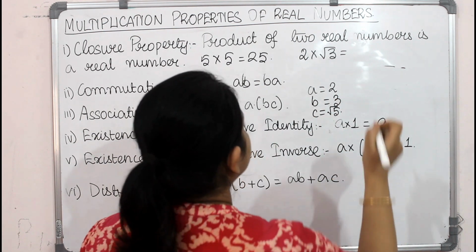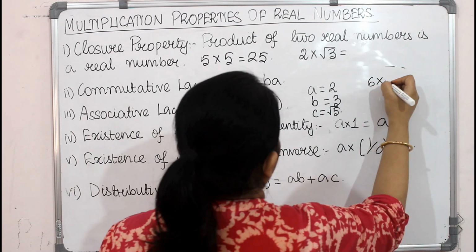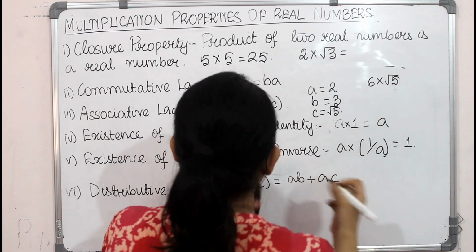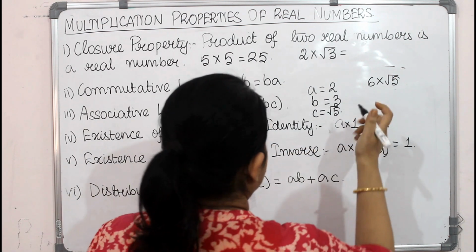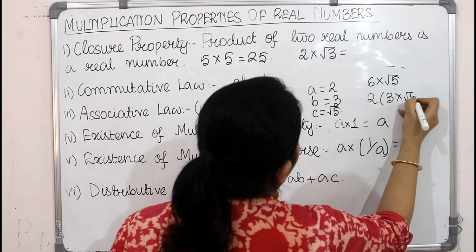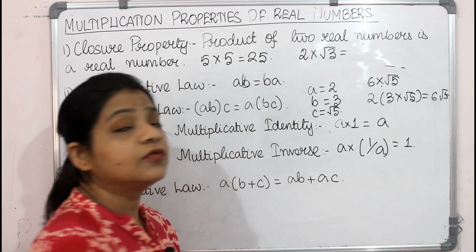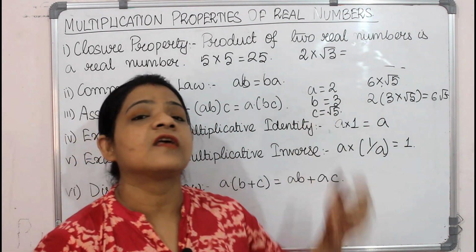A into B is 6, so 6 into root over 5. And A into (B into C): 2 into 3 root over 5 will also give you 6 root over 5.